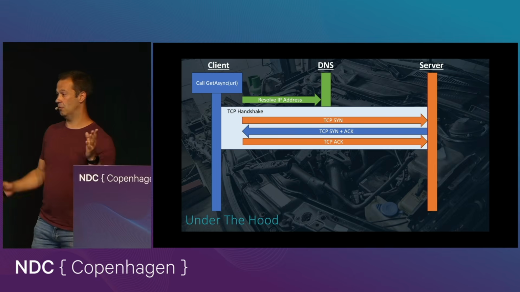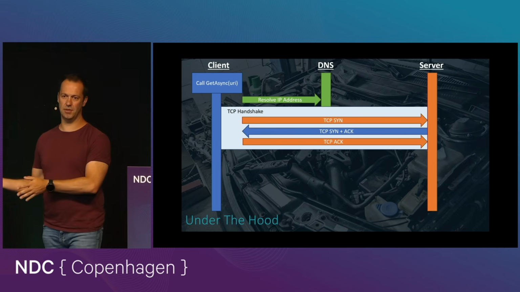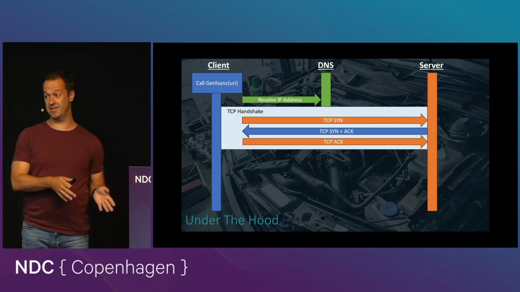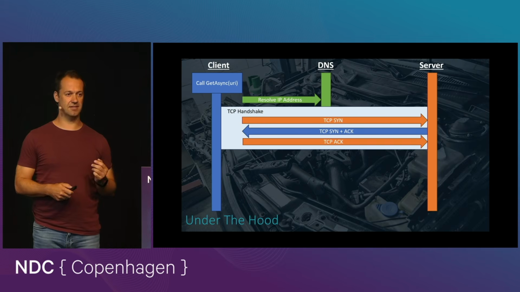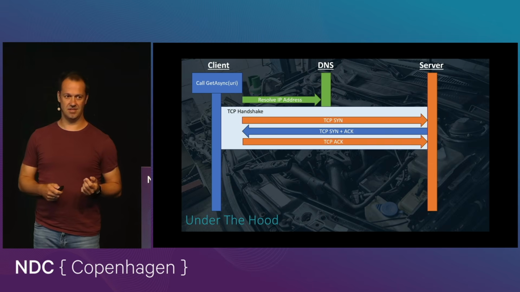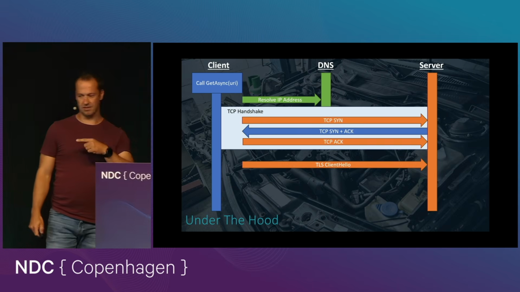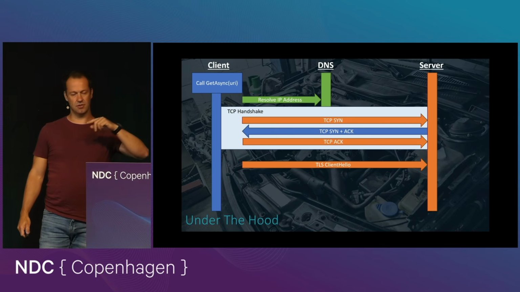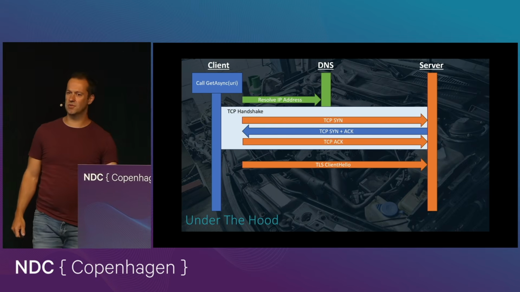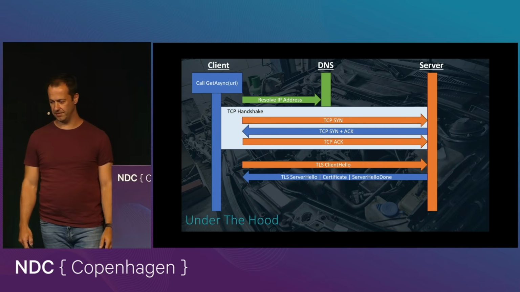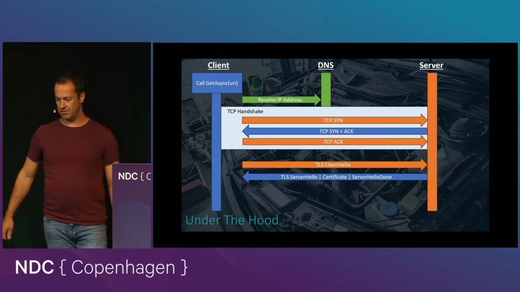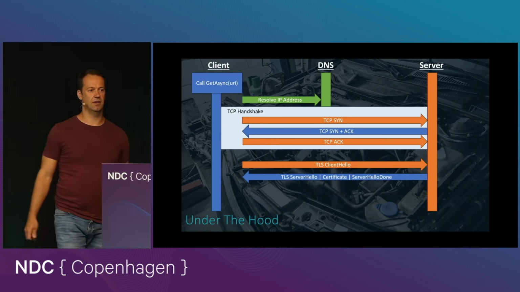Now, we have our TCP connection, but we want to do things securely, so we're using HTTPS. Meaning, the next thing we need is our SSL handshake. That starts with a TLS call from the client to the server that says, hello, I want to communicate with you in a secure manner. Server replies with, OK, sure, why not?